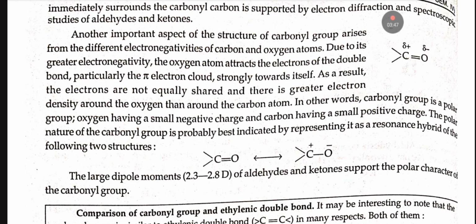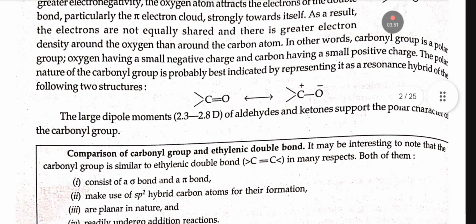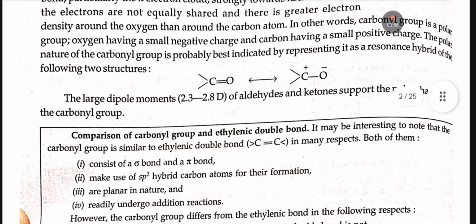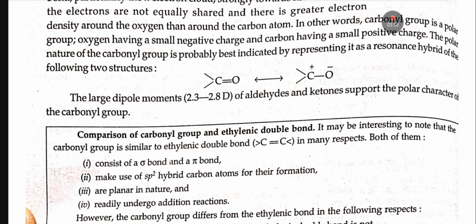In other words, the carbonyl group is a polar group, oxygen having a small negative charge and carbon having a small positive charge. The polar nature of the carbonyl group is probably best indicated by representing it as a resonance hybrid of the following two structures. The larger dipole moment of aldehydes and ketones supports the polar character of the carbonyl group.